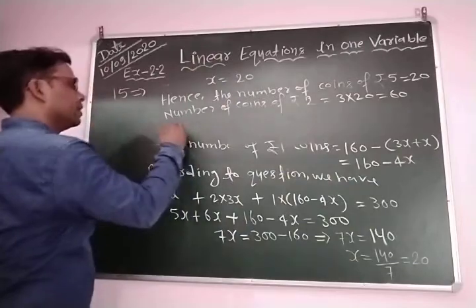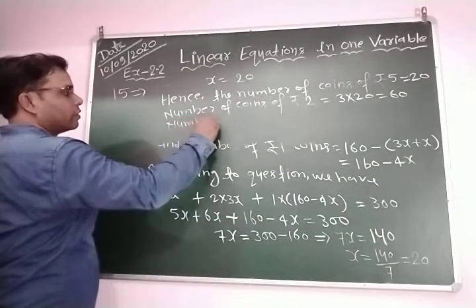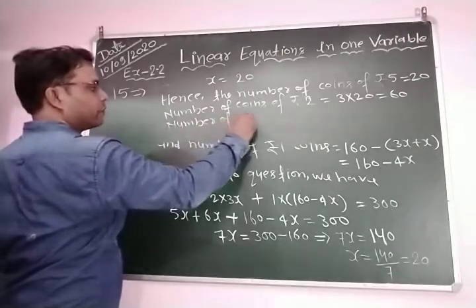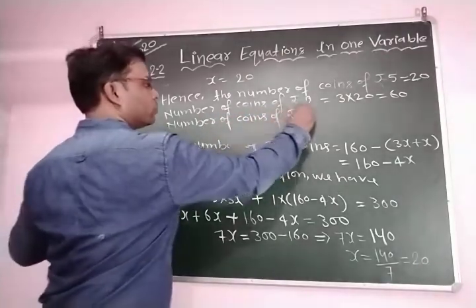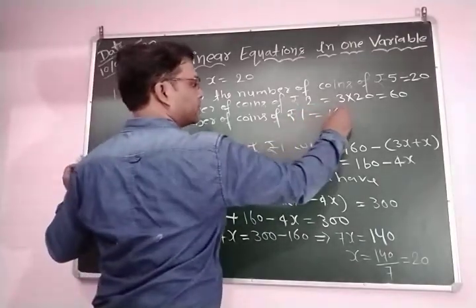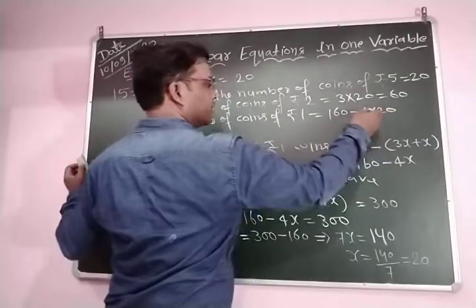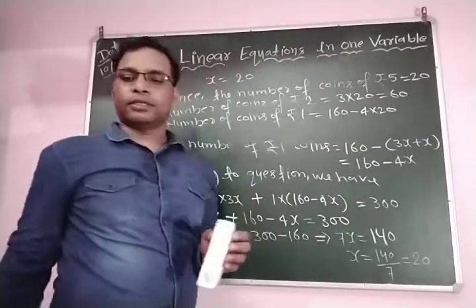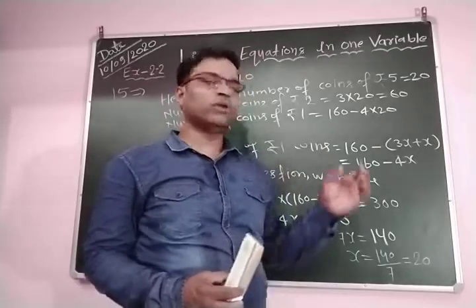And next, the number of coins of rupees 1 is equal to 160 minus 4x, and the value of x is 20.